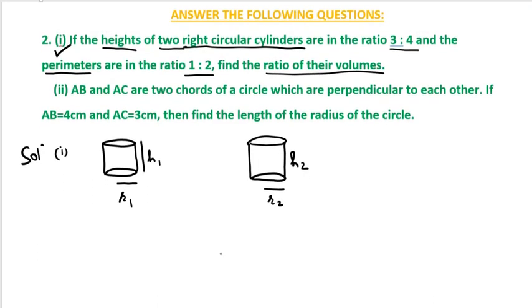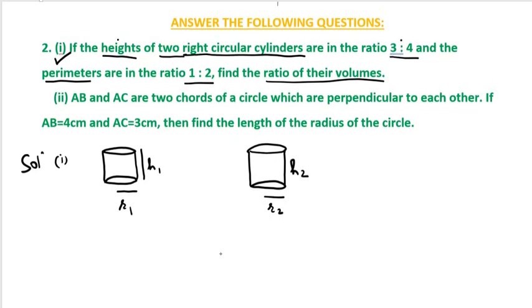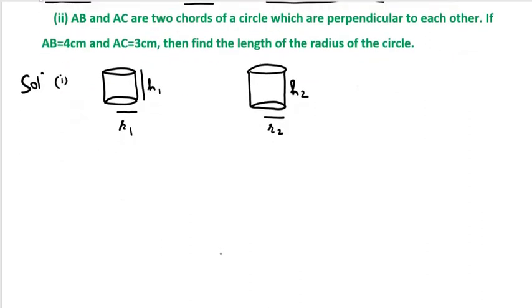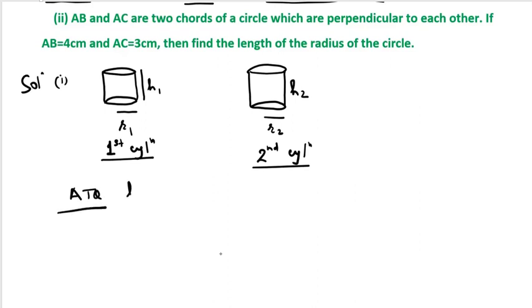Alright. And then what is given? Height को ratio देख्छ 3:4. Okay, this is the first cylinder. This is our first cylinder. And this is our second cylinder. Okay, now according to the question, what is given?